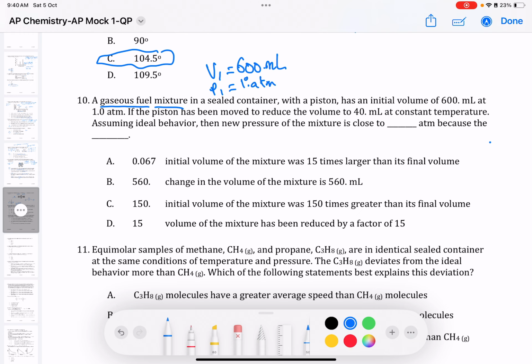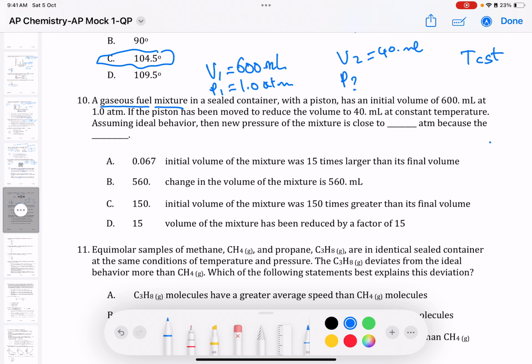If the piston is moved to reduce the volume to 40 milliliters at constant temperature, here we go, this is Boyle's law. Assuming ideal gas behavior, what is the new pressure of the mixture?